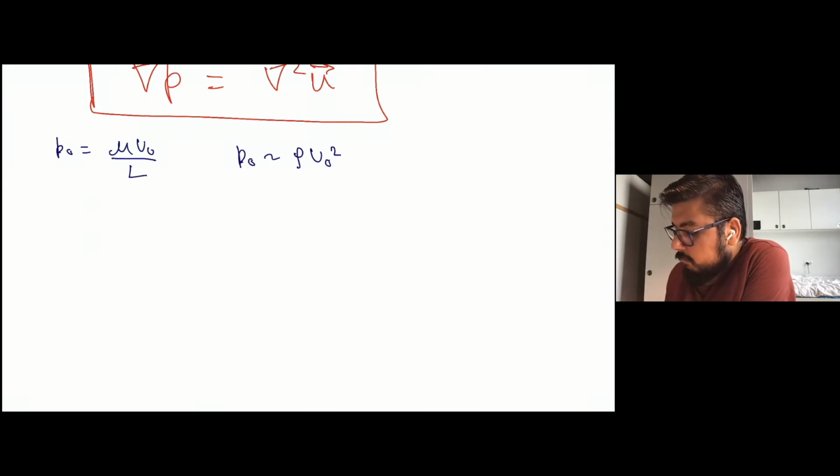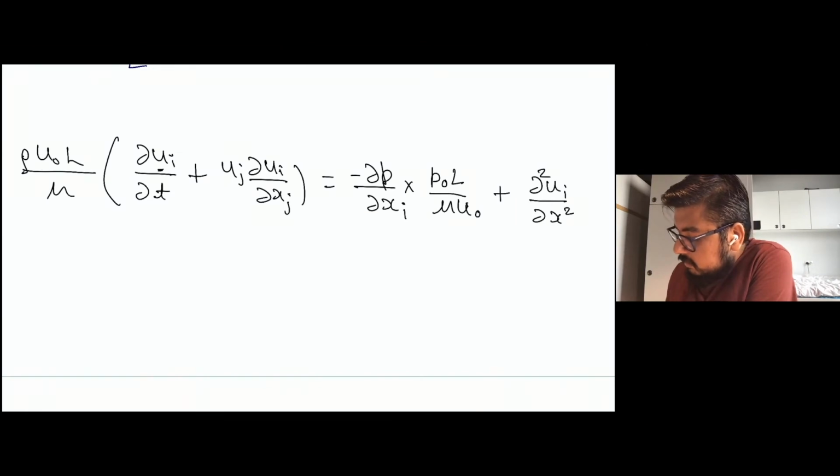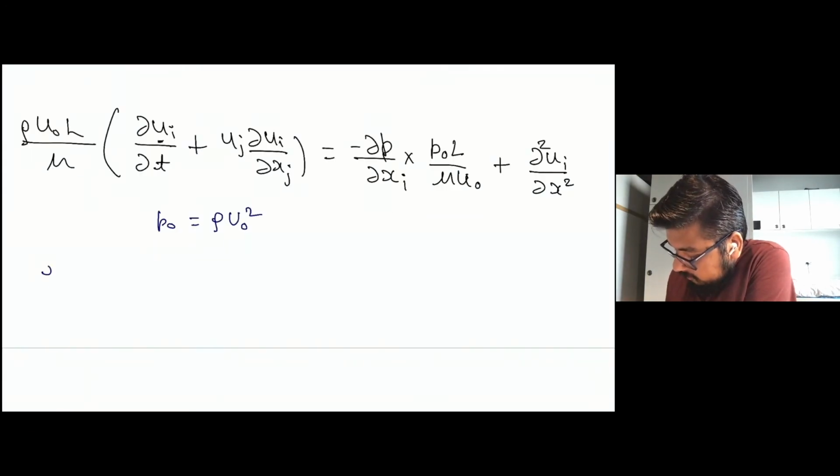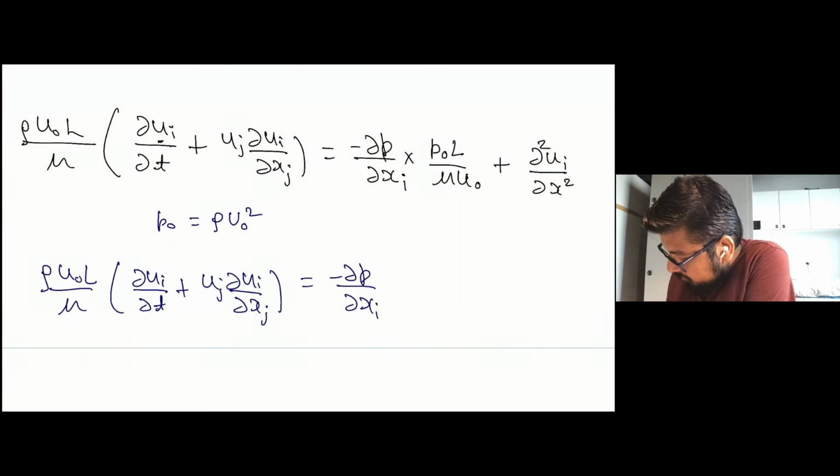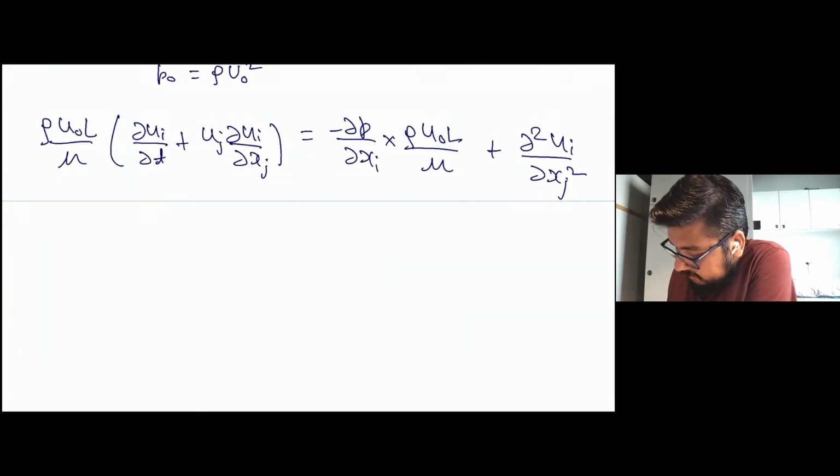So what we are going to do is instead of using the pressure scale as mu u naught by L, we will use the pressure scale as rho u naught square, and let's see what will happen. So if we start from this equation, and instead of putting P naught as mu u naught by L, let's put P naught as rho u naught square. So if we do that, what we get is, so I can rewrite this equation as Reynolds times.